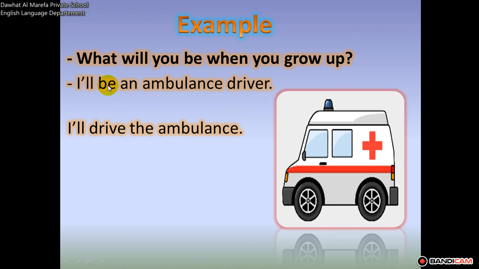Be is the infinitive form of am, is, are. Here we have I'll drive. The sentence doesn't say I'll driving or I'll drives or I'll drove, for example. No, it's the infinitive form.